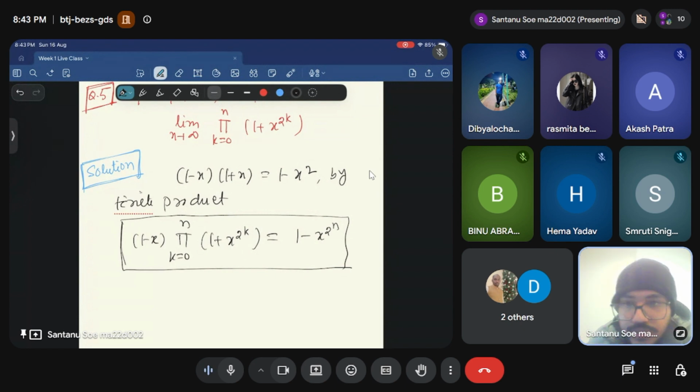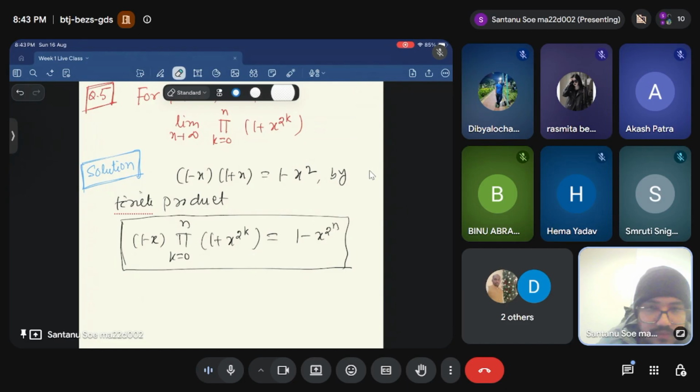Okay, so one thing to notice here is that you have to just take the limit on both sides, right? Because we have got our expression, and for the expression we want to find the limit. But before that we have to determine whether the limit of this exists.